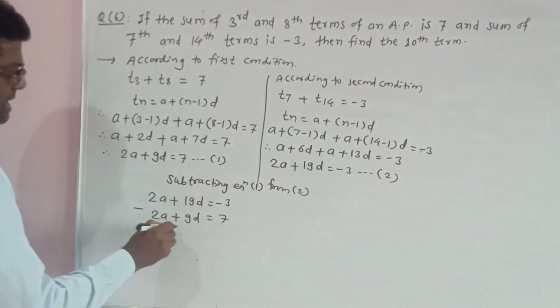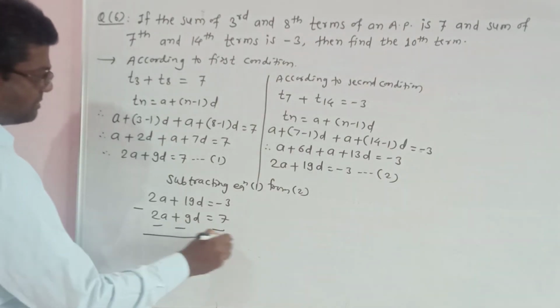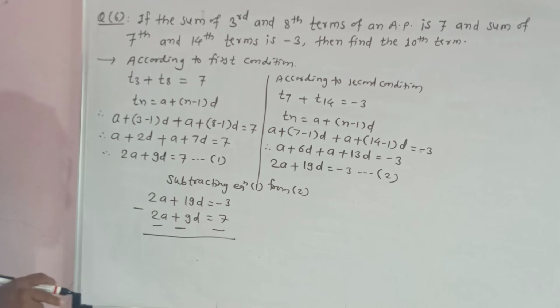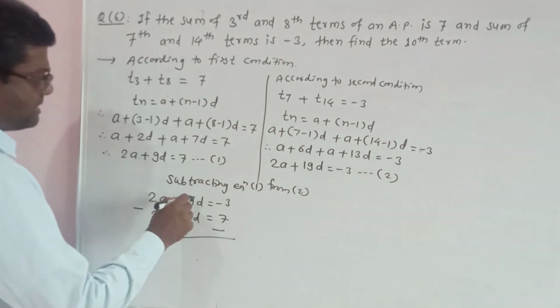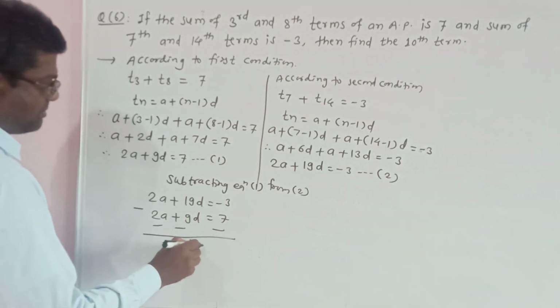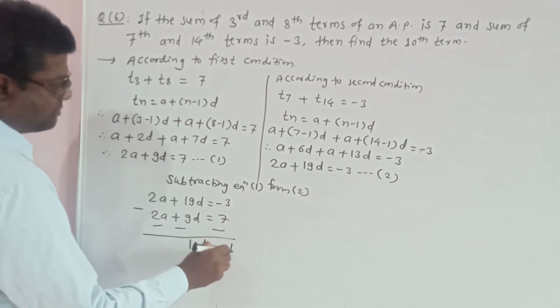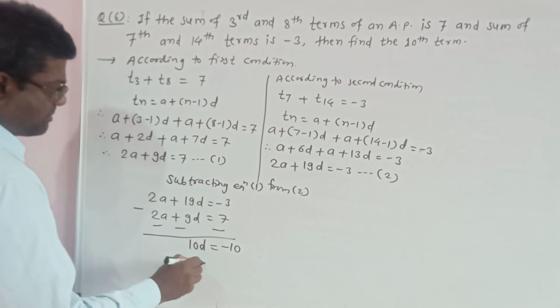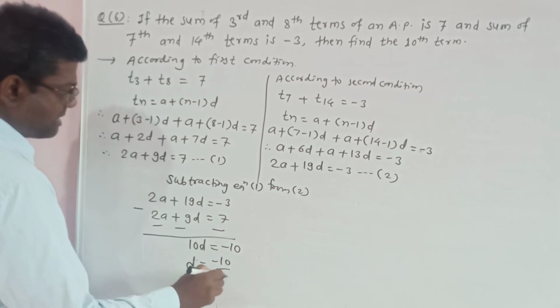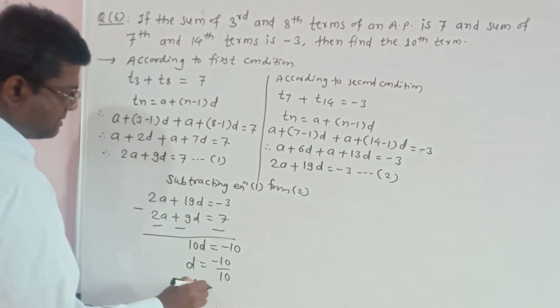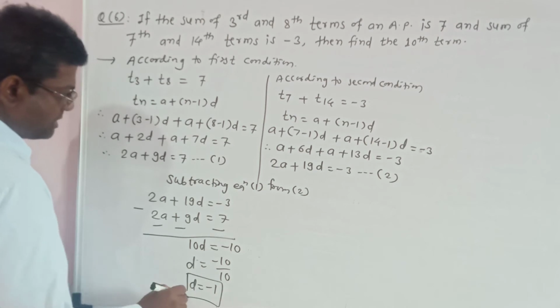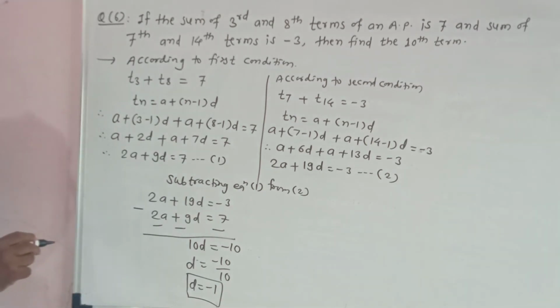So this will be minus, minus, minus. So 2A minus 2A will be 0, 19D minus 9D will be 10D, and minus 3 minus 7 will be minus 10. Therefore D is equal to minus 10 upon 10. D is equal to minus 1.